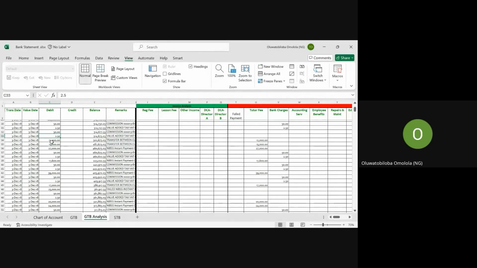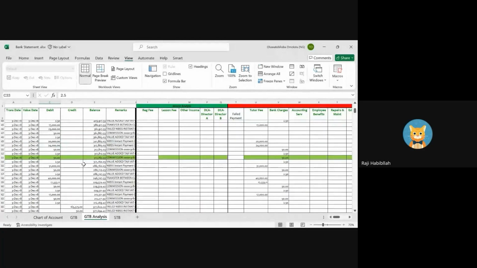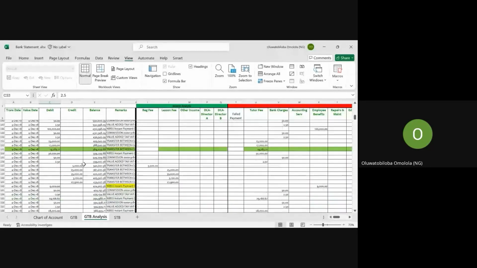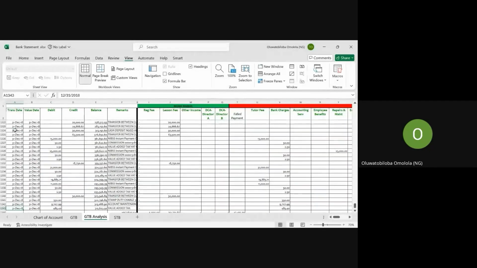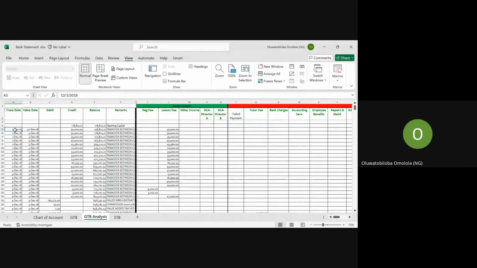So you need to know what each of the balances is. Once you are done with the analysis, imagine you have like 30,000 lines; you are going to sit down with 30,000 lines to do all of this.